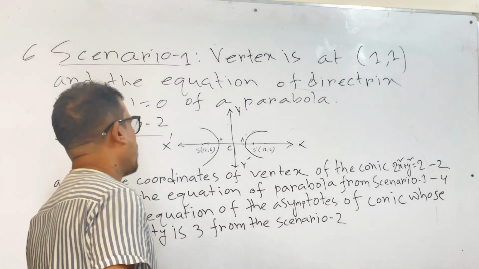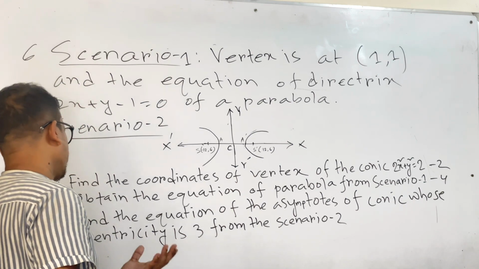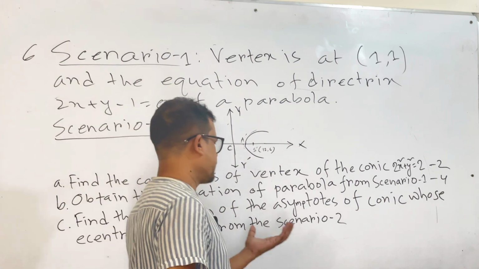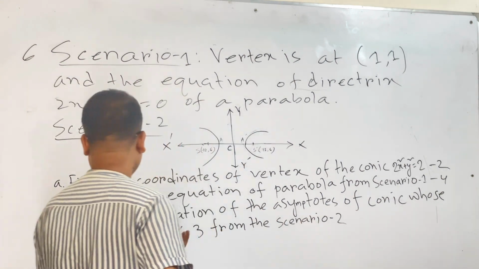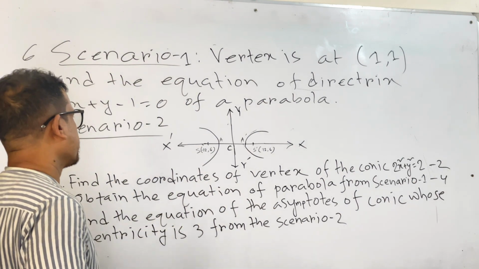Obtain the equation of the parabola from scenario 1, mark 4. Find the equation of the asymptotes of the conic whose eccentricity is 3 from scenario 2.